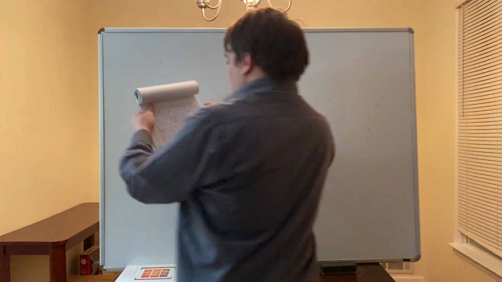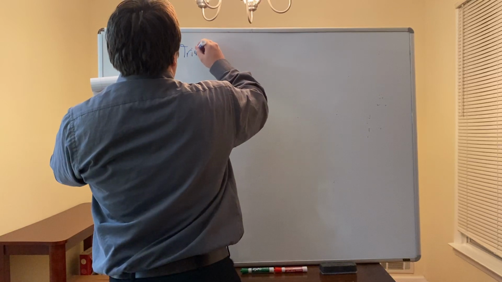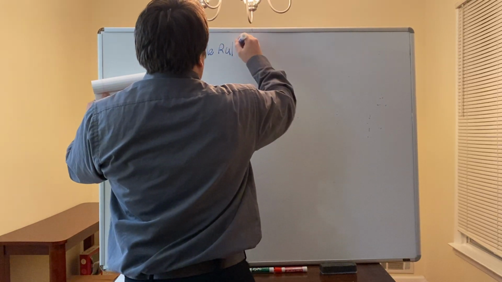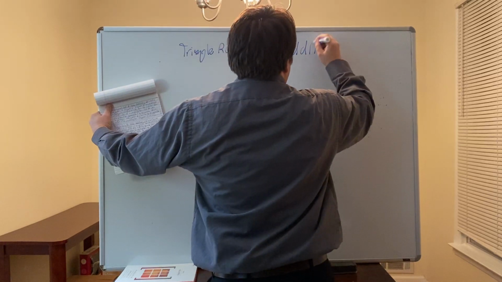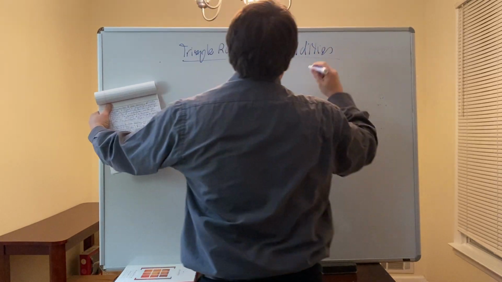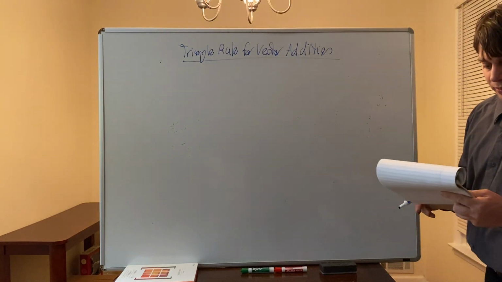The next one is the triangle rule for vector addition.